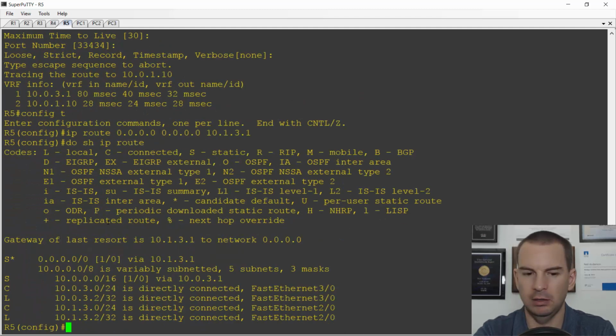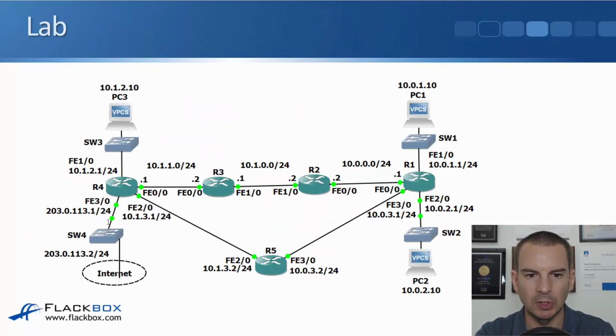Okay, so if we go back to the topology again, R4, R3, R2, and R5 are all configured with a default static route going out to the internet.